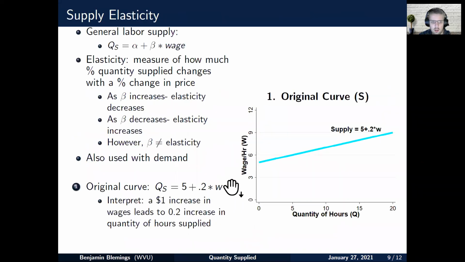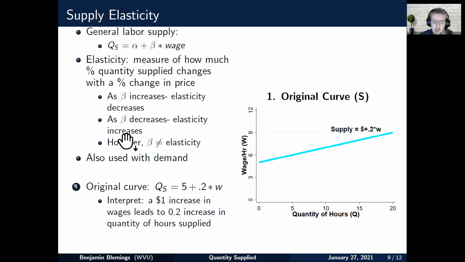Something else we need to talk about is elasticity, which I'll get into more in depth later. This is a measure of how much the percent quantity supplied changes with a percent change in price. With our canonical equation, quantity supplied equals alpha plus beta times wage, as beta increases, elasticity decreases, and as beta decreases, elasticity increases.